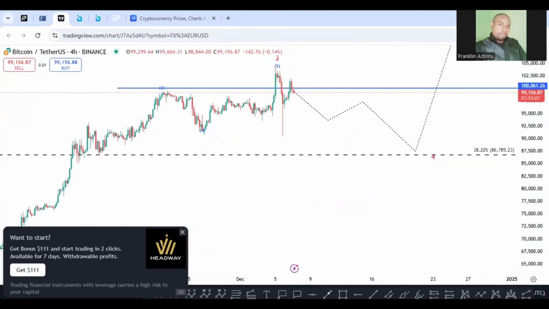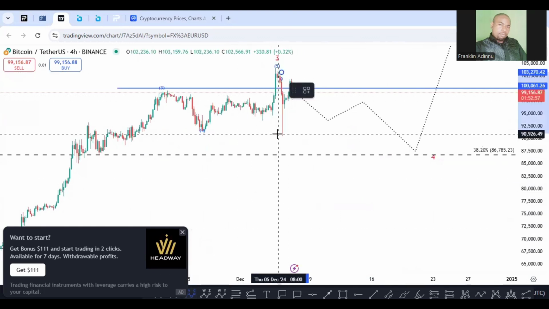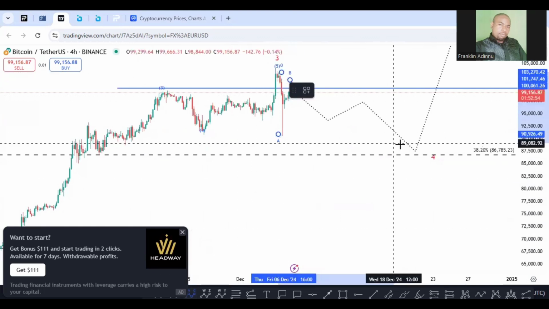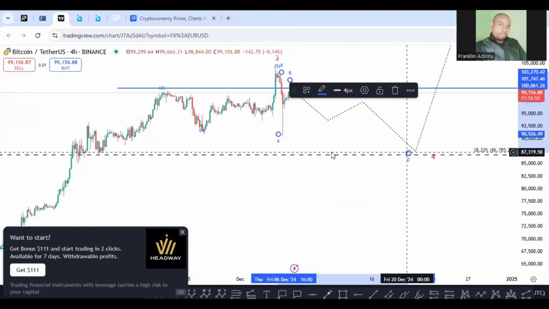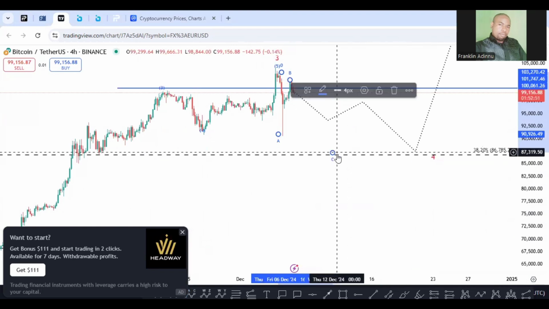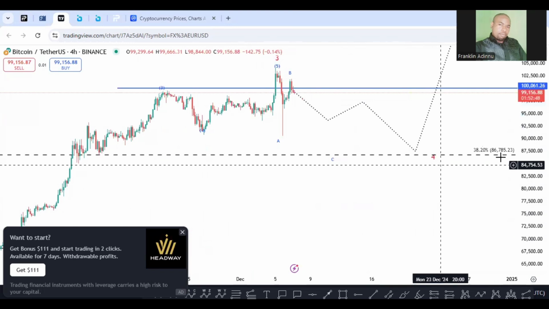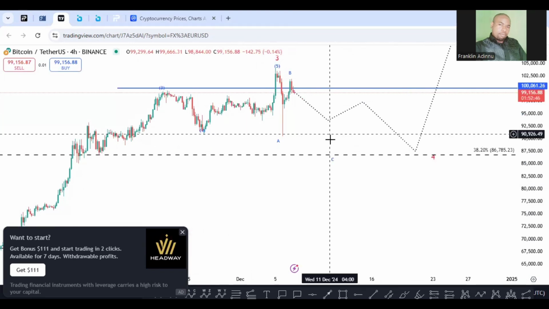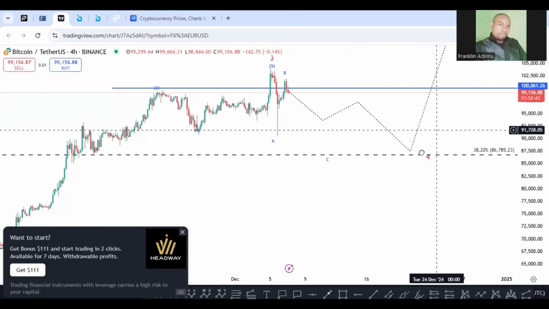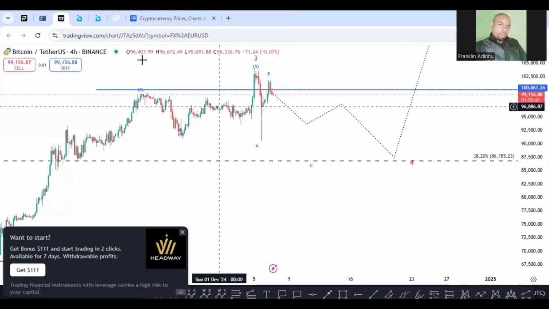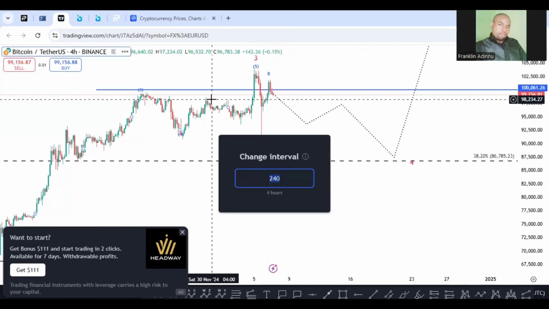This is A. This is B. So another C is to come here. C is going to come to this very level, this $86,000. So once it touches here, then expect another move up to make it wave 5 of wave 3.